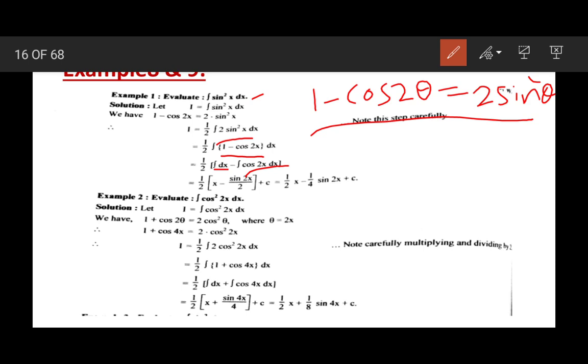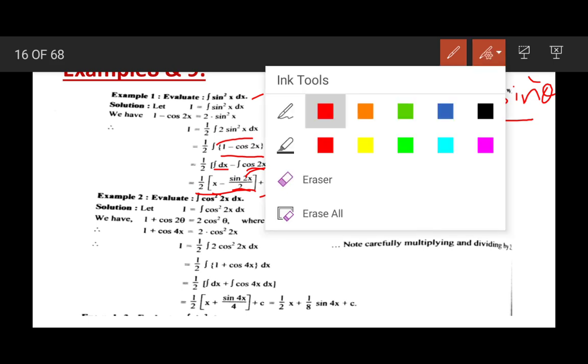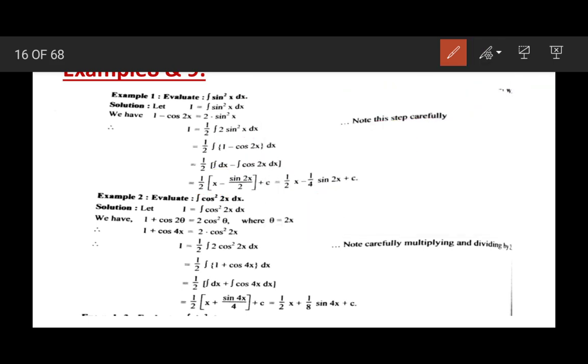So 1 upon 2 as it is, integral of 1 is x minus integral of cos 2x, which is sin 2x upon 2, plus c. If I multiply with 1 upon 2, then I will get 1 upon 2 x minus 1 upon 4 sin 2x plus c. Similar rule in this.